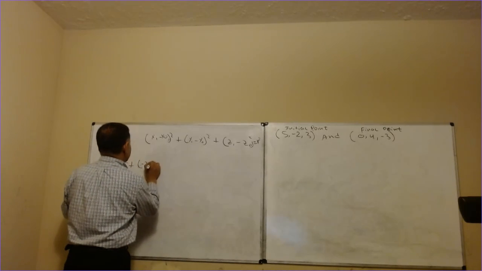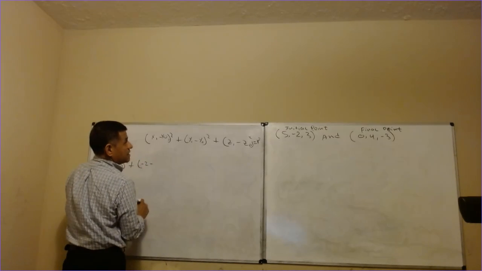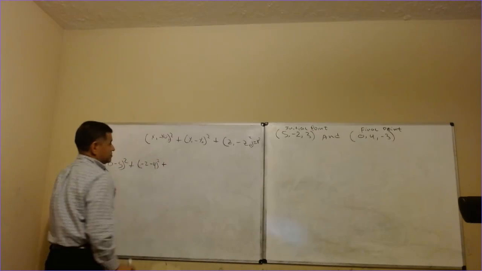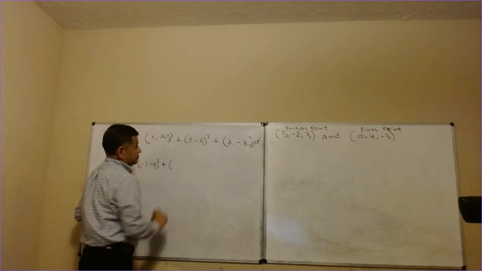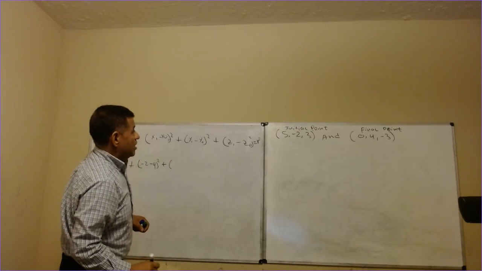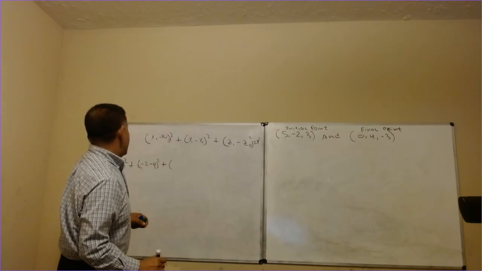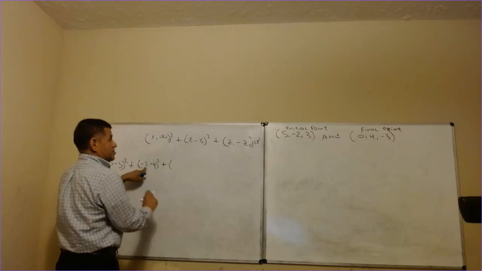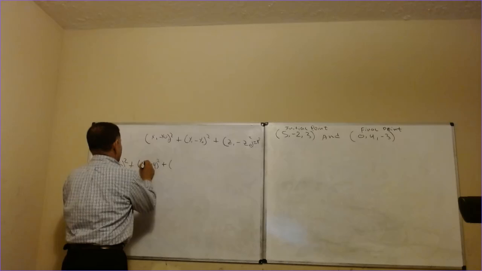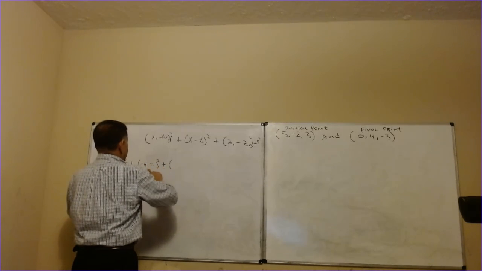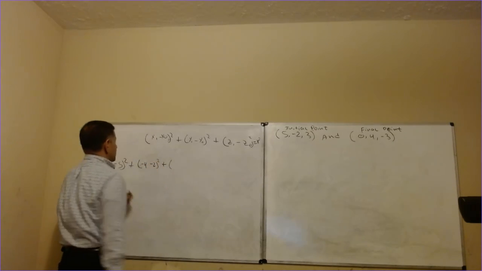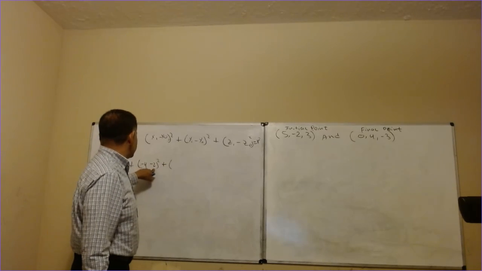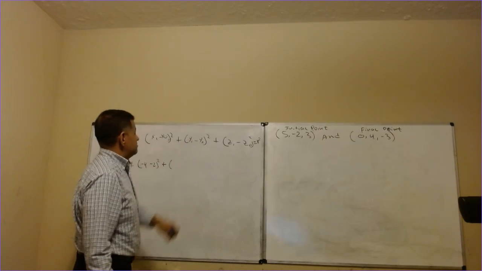negative 2 minus 4, squared, plus. Actually, no, this is the reverse. This is actually 4 minus negative 2, right? Because it's final minus initial, right? Final minus initial, final minus initial.